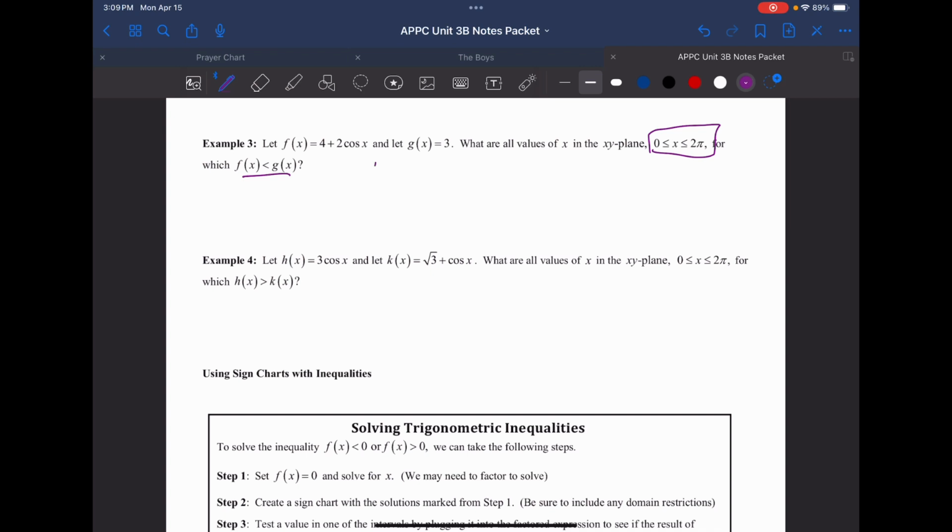So I'm going to write 4 plus 2 cosine of x, that's my f of x, is less than my g of x, which is 3. And then I'm going to always solve it with my trig value on the left. I want to try to get my trig value on the left, so I'm going to keep it over here, minus, gives me 2 cosine x is less than negative 1 divided by 2.